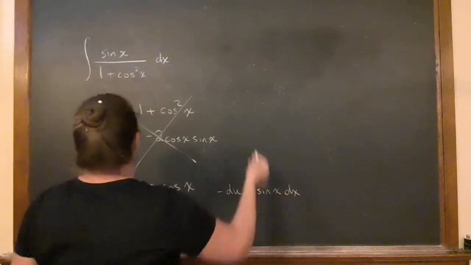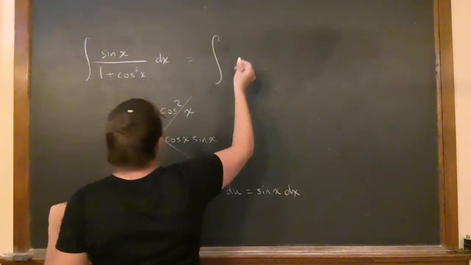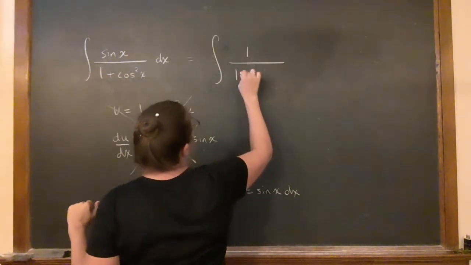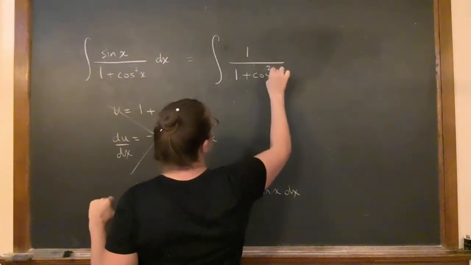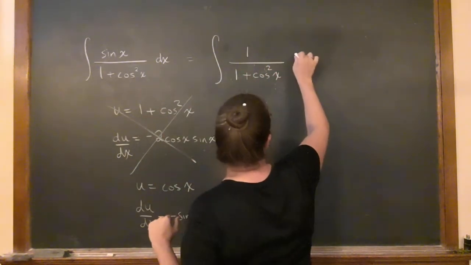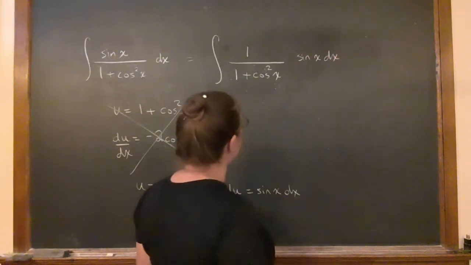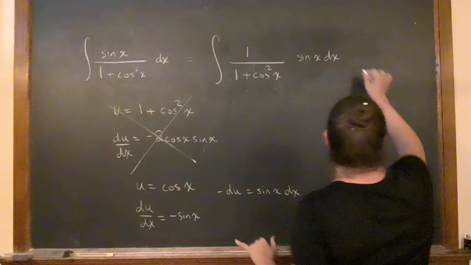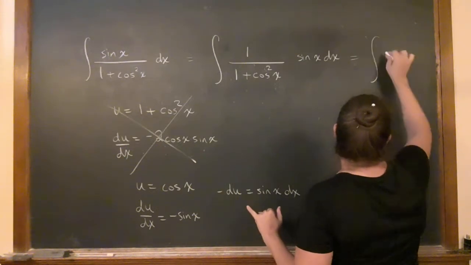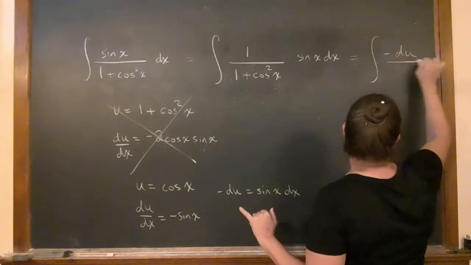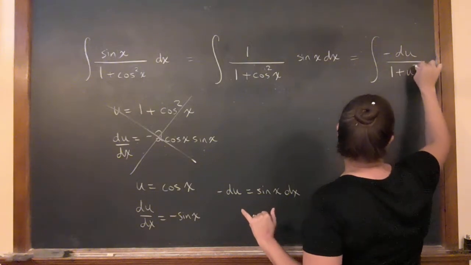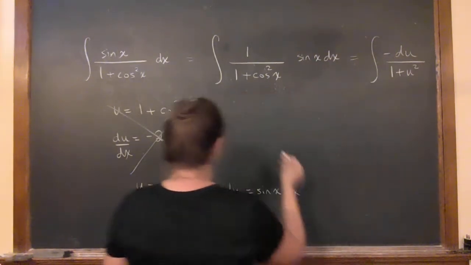Because this top part is sine x dx. So if I want, again, I can rewrite it like this. And then when I make my substitution, I have this. All right, well, what is that?